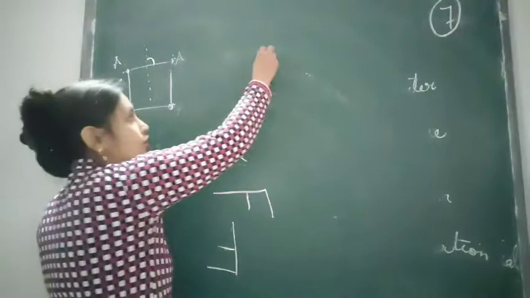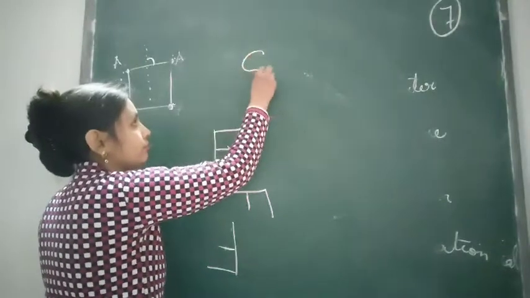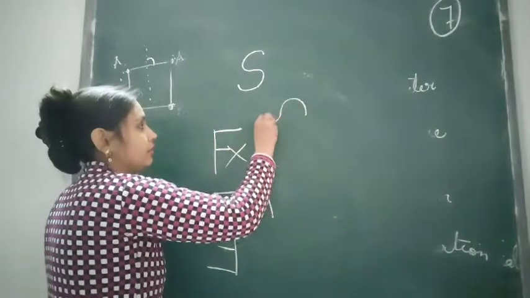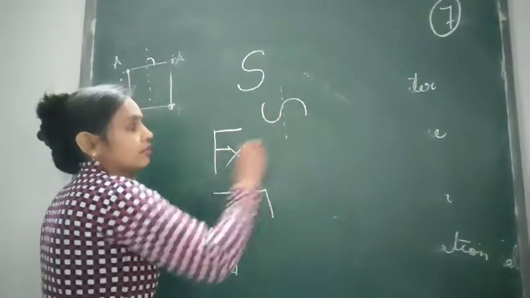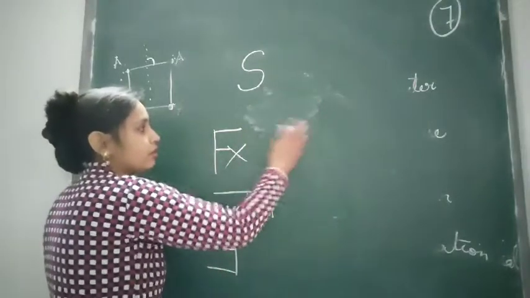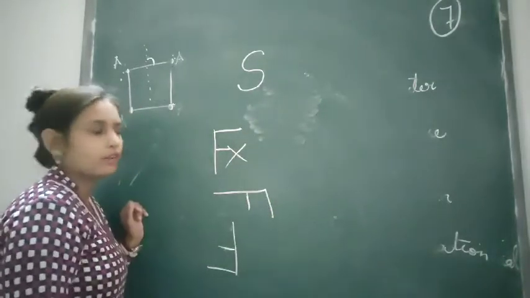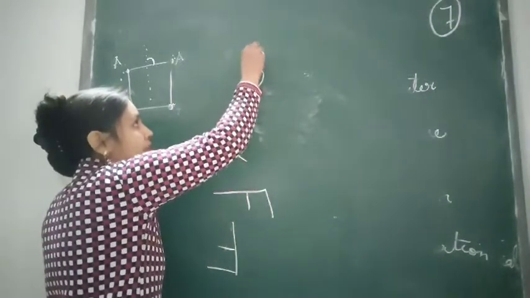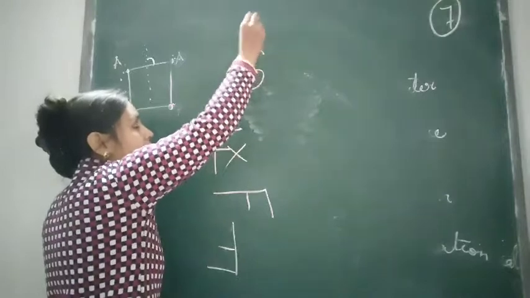But if we talk about S, if you rotate it by one quarter, difference can be seen, right? So this is not the correct one. That means this is not the angle of rotation. You have to rotate it like this. Suppose point A is here, we mark the point.